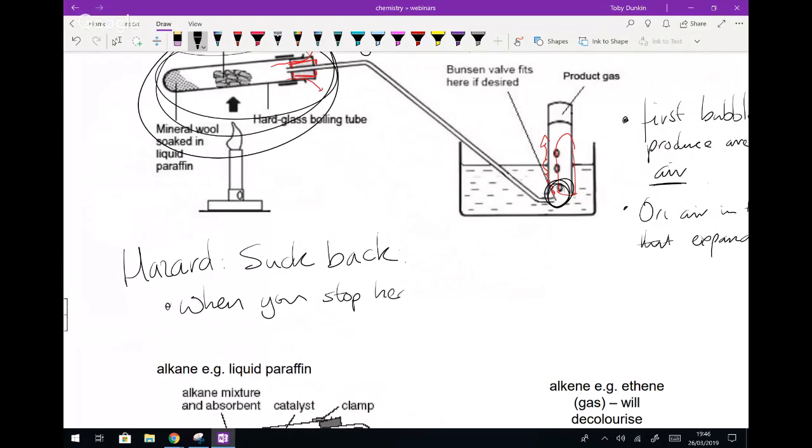When you stop heating, the gas in the boiling tube will cool. When you stop heating, gas in boiling tube will contract. It'll contract, it'll shrink in size.